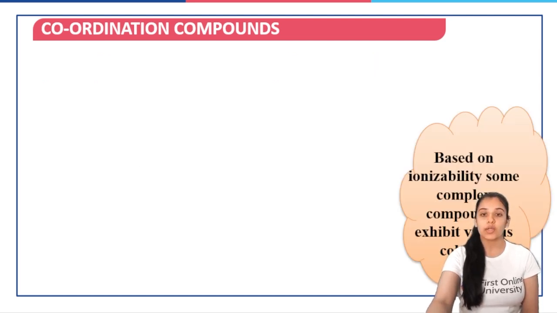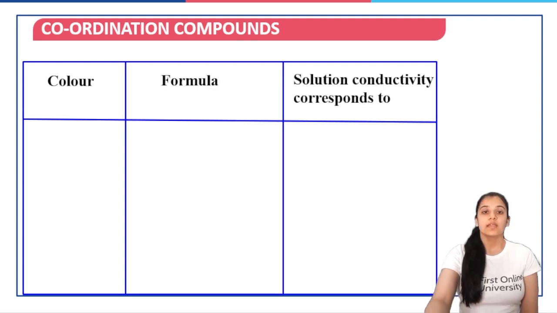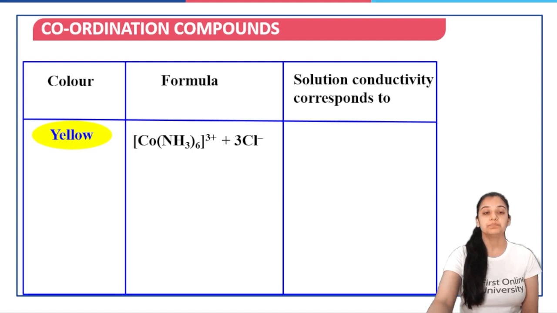Now, based on the ionizability, some complex compounds exhibit various colors. Talking about these compounds only, yellow color was exhibited by this complex ion, which has no chlorine ligand in the coordination sphere. That is, hexamine cobalt 3 plus will be yellow in color.